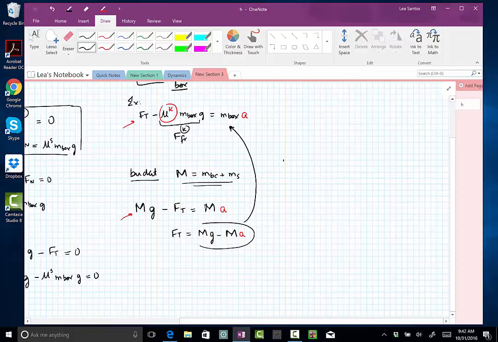We have big M g minus big M a, we have the mu of kinetic friction, we have mass of the box, g, equals mass of the box and our unknown a. So now we can find the a with this equation.